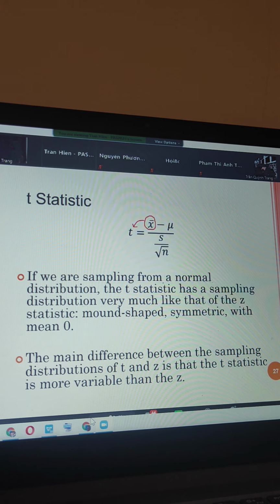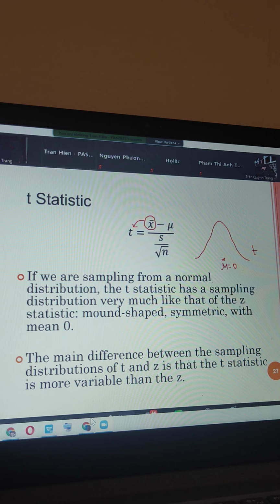If we are sampling from a normal distribution, the T statistic has a sampling distribution very much like that of the Z statistic. It is bell shaped, symmetric, and the mean equals exactly 0. This is for the T distribution.